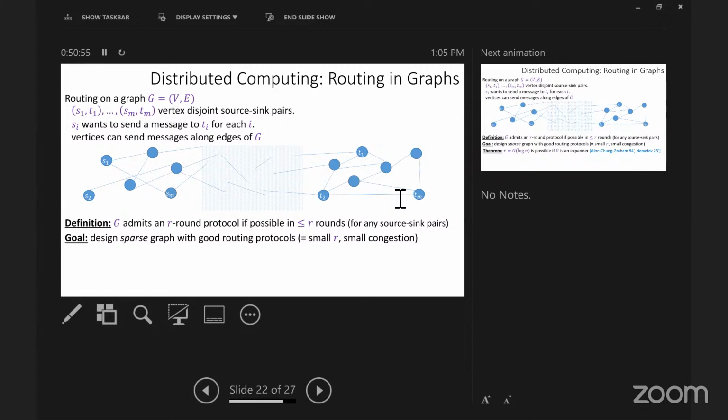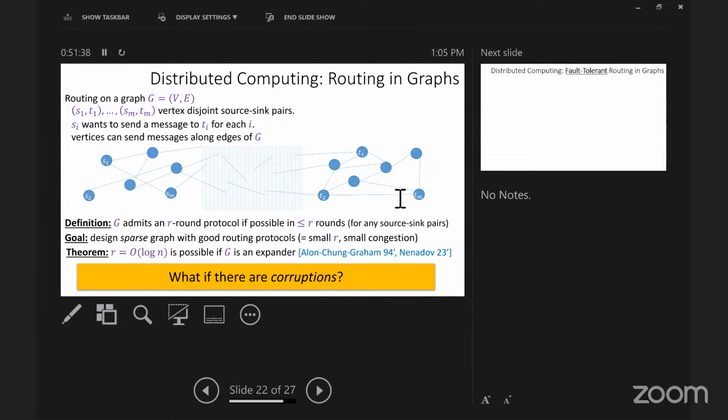And when I say good, I mean that the time it takes, this R, is small, and also it has small congestion, meaning it's not that everybody sends their message to one vertex that does all of the work and sends it to all of the rest. Each vertex is supposed to send only boundedly many bits. So a classical theorem from the 90s says that as long as G is an expander, you can indeed do it in O(log n) rounds. So that's very nice.